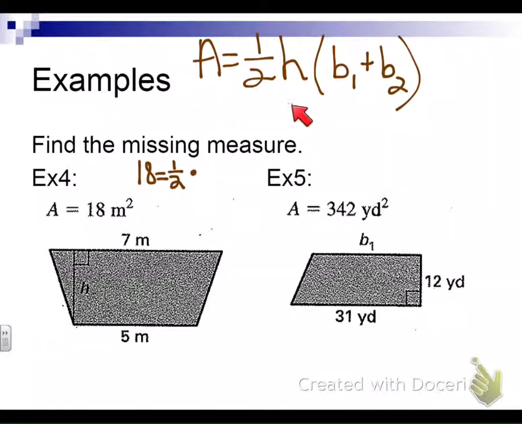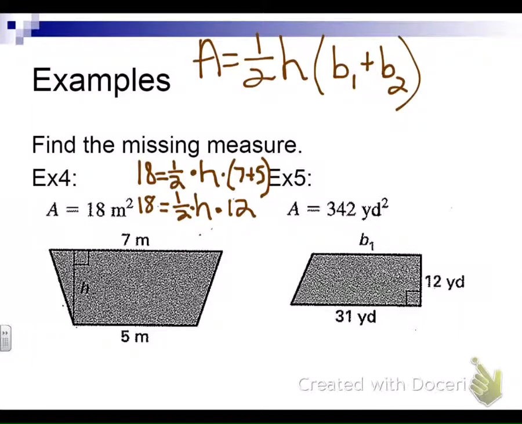Do we know the height? No, we don't. So we're going to do times the height. Do we know our bases? Yep, 7 and 5. Okay, so 7 plus 5. All right, so let's condense this. 18 equals 1/2 times the height times 12.